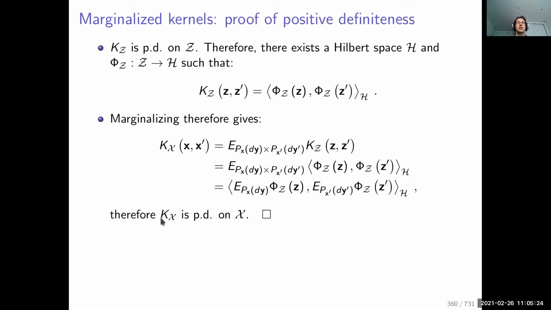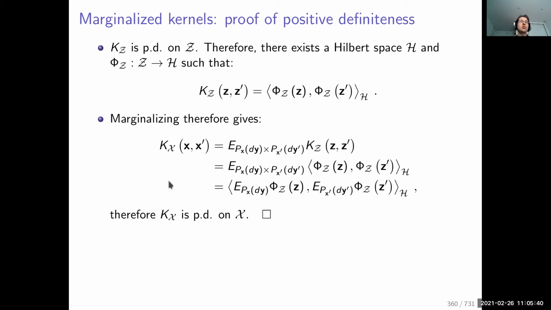Okay, so let us give the intuition about why this makes sense and why we get a positive definite kernel. Well, we first consider the kernel embedding of the kernel K_Z, and then we compute the expectations.